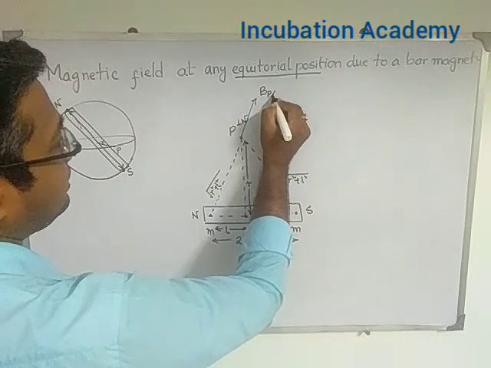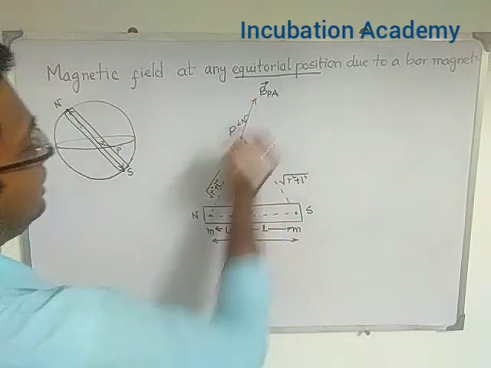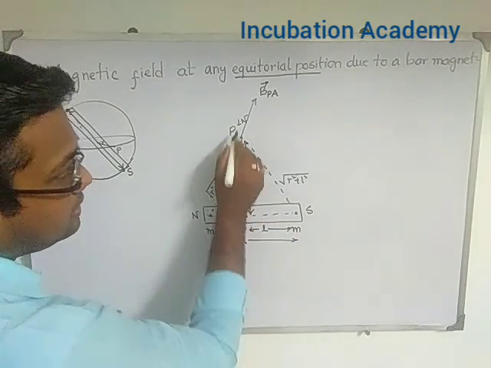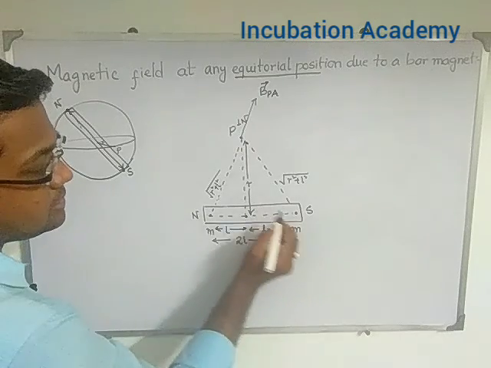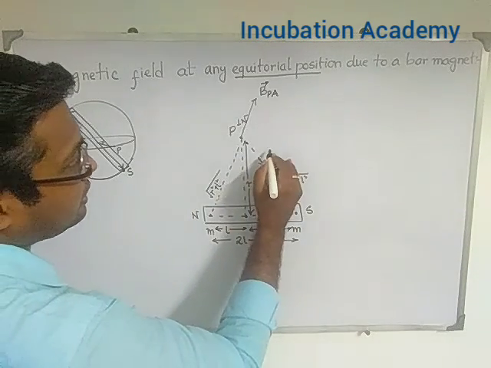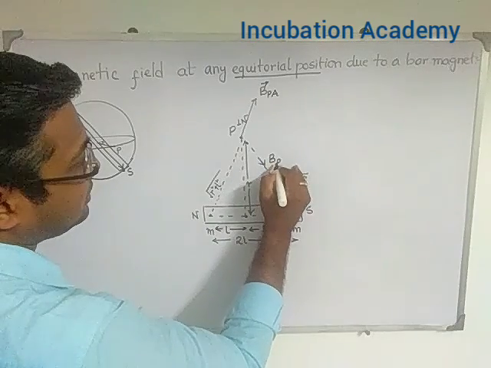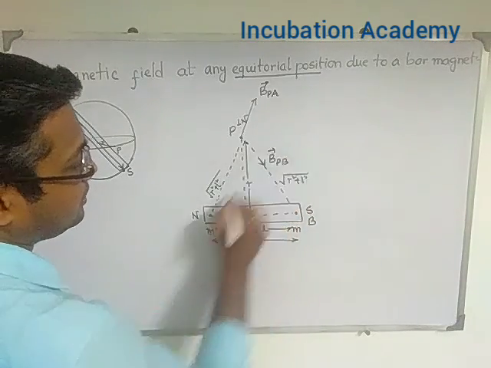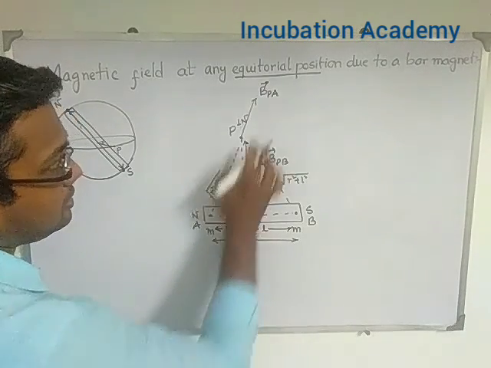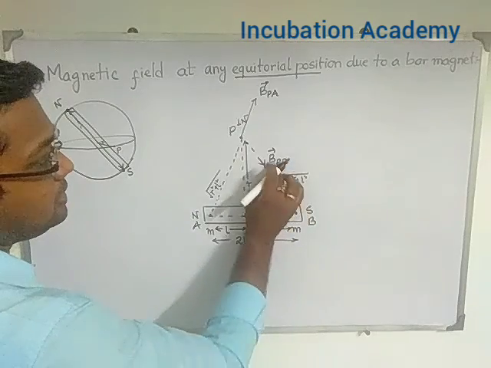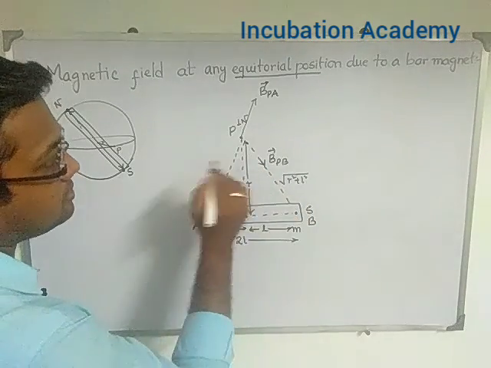Magnetic field at P due to the north pole at the point A, and this north pole is attracted by the south pole. So here it will be the magnetic field at P due to the point B. So it is the magnetic field at the point P due to A, and the magnetic field at the point P due to B. It is attracted towards it.